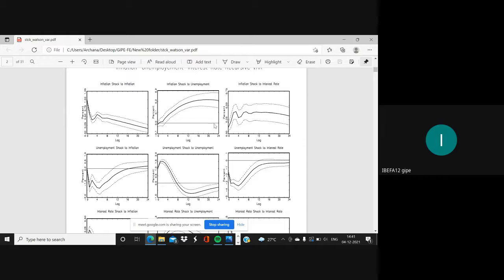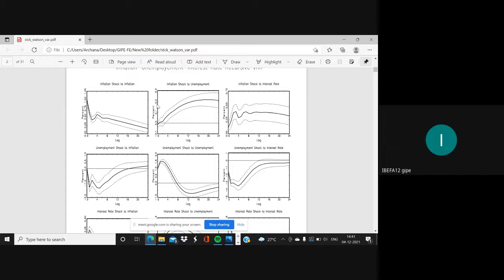Again, if you look at the second panel over here, you're seeing a unit change in epsilon yt itself, since it's an inflation shock to unemployment. But here we are seeing the impact on the zt variable, since unemployment is the zt variable.